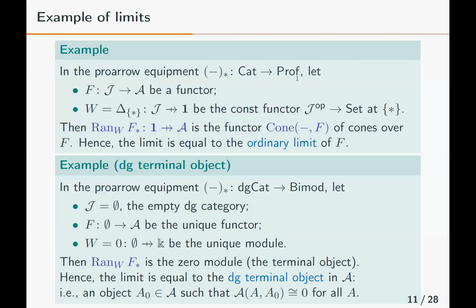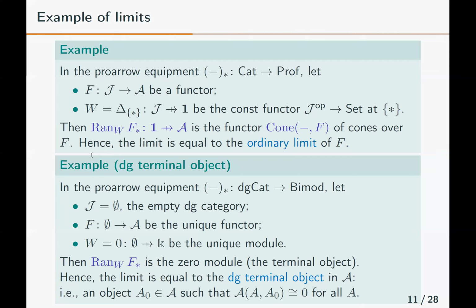If we take a diagram F and choose the constant weight at the singleton set as W, then the corresponding right Kan extension is the functor taking cones over F. Its representability is exactly the usual universal property of limits, so this formal definition recovers ordinary limits.